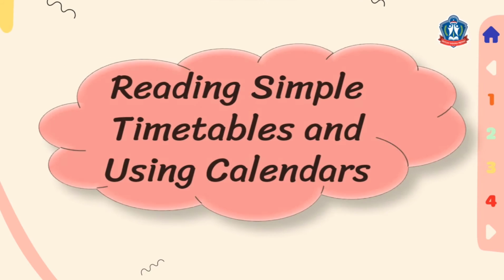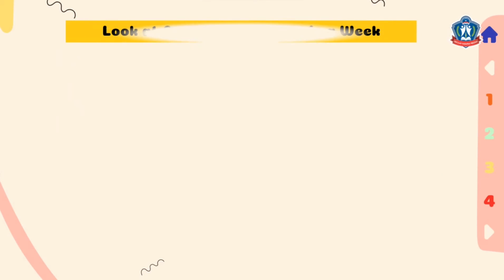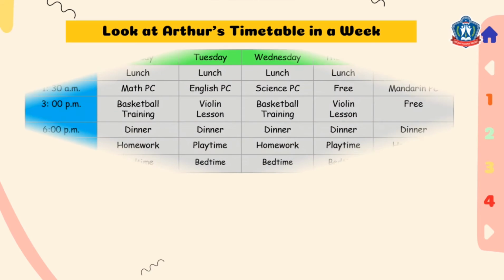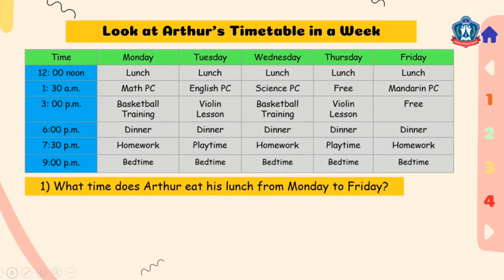Now let's study reading simple timetables and using calendars. Look at Arthur's timetable in a week. Take a look. This timetable started from 12 noon. And as you can see, there are some activities that Arthur has in a week from Monday to Friday.